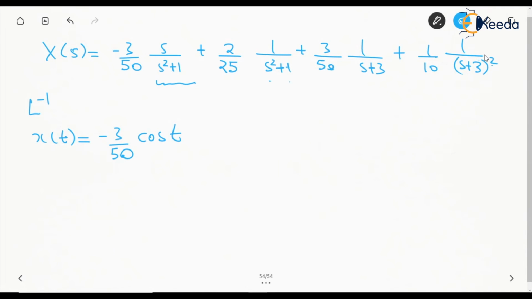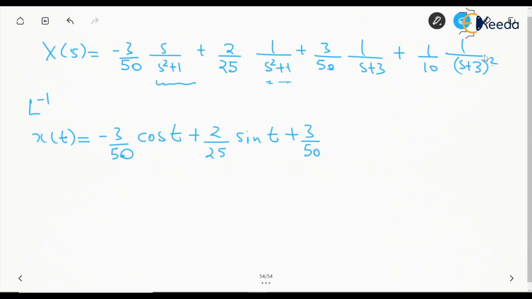Next is 1 by s square plus 1. So this 1 by s square plus 1 comes from the sine function. So this is 2 by 25 and this is sine t. Next is very simple, 3 by 50.